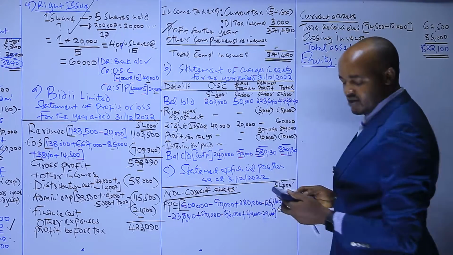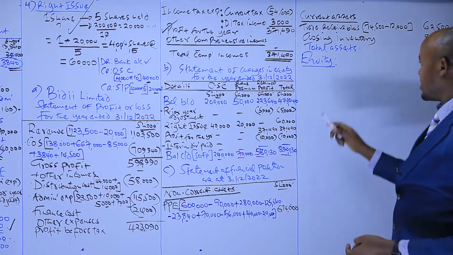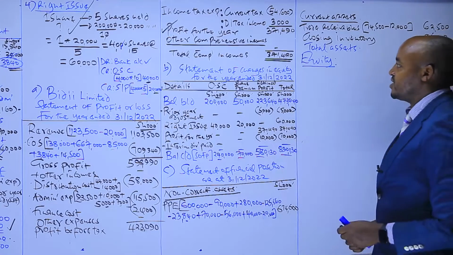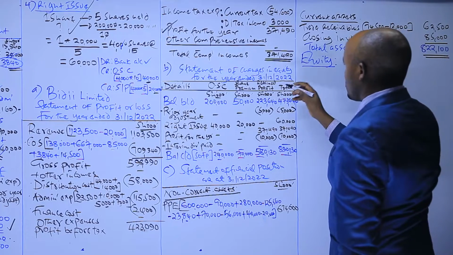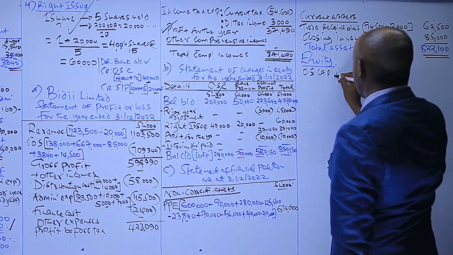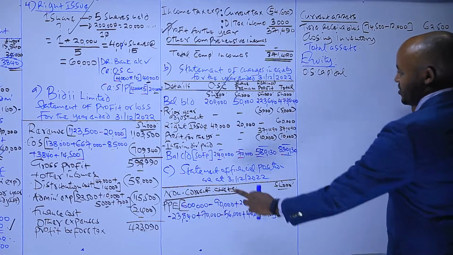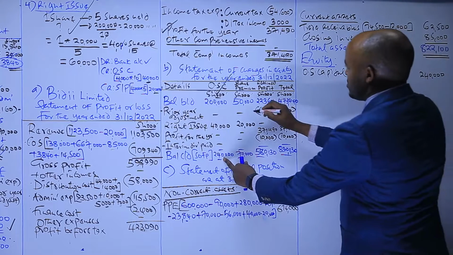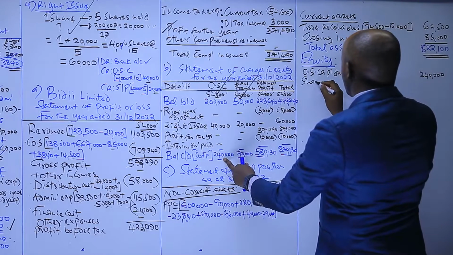Equity. Now for equity, this is quite simple because we have all the items of equity to be included here. From where? From our statement of changes in equity. So we just need to copy and paste those items here. We start with ordinary share capital. The balance at the end of the year was 240,000. We have share premium.